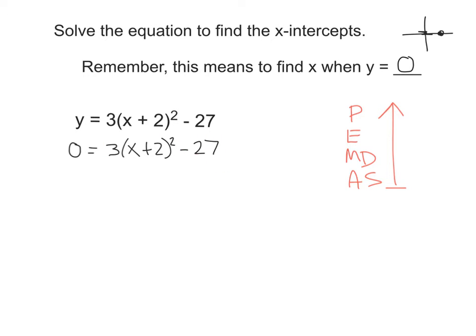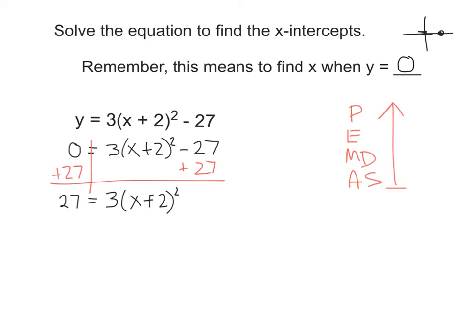So let's add, we have to do the opposite. So we're going to add 27 to this side of the equation. Now if we do that, remember we need to also add 27 to the other side of the equal sign. 0 plus 27 is 27, and our equal sign is still there, and the 3 is still there, as is our x plus 2 squared.